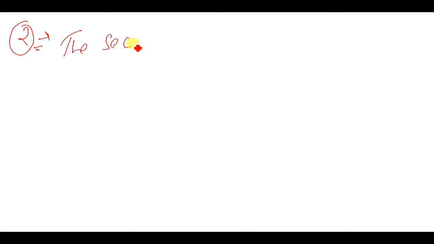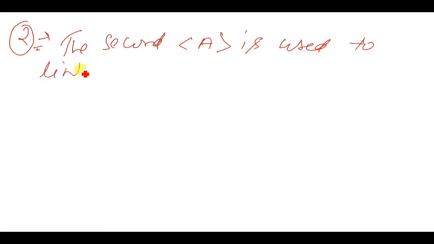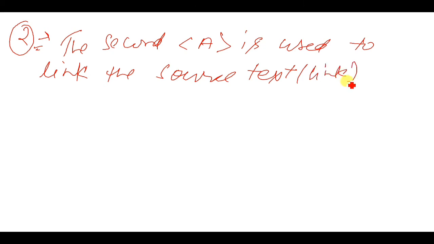Now, student, after defining the anchor tag with the name attribute, you have to write the content. Second, student, the second anchor tag is used to link the source tag text, that is called the link.